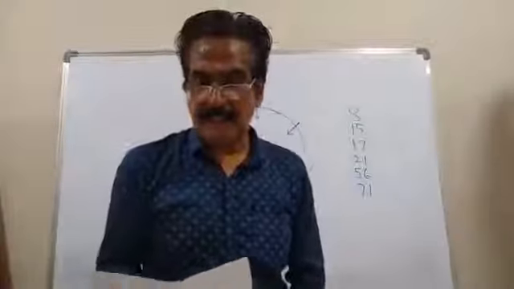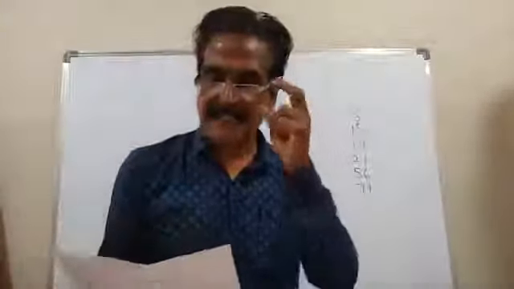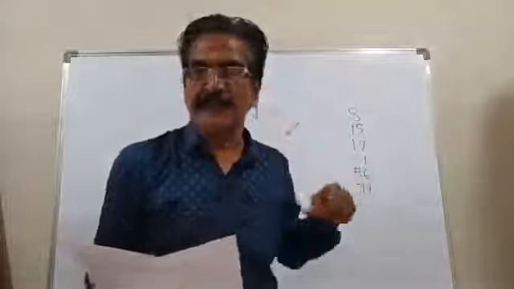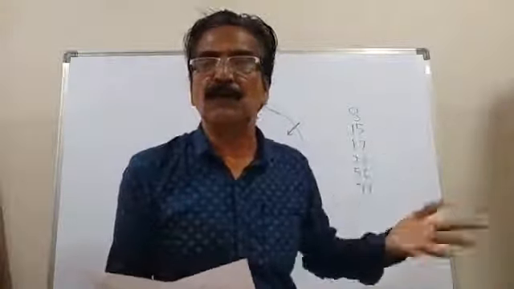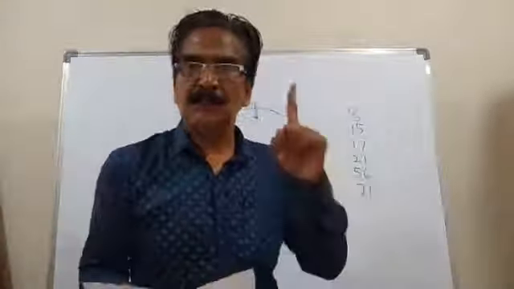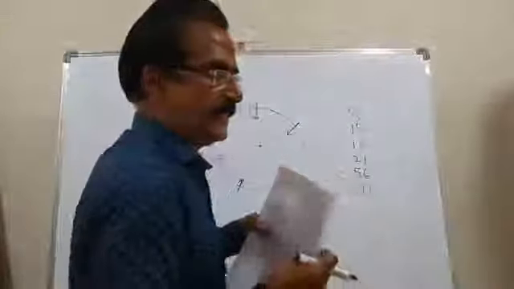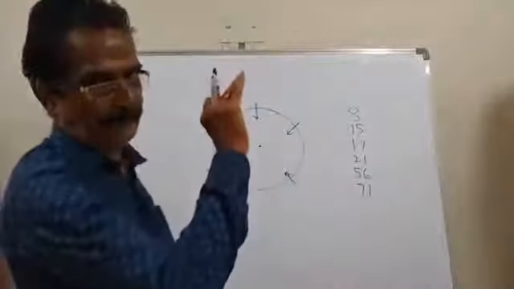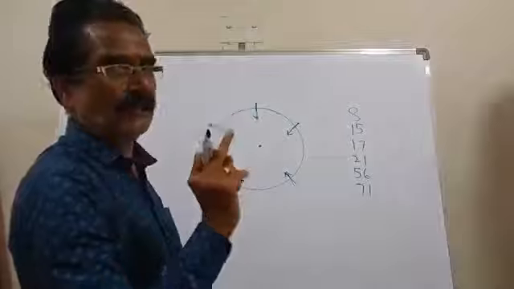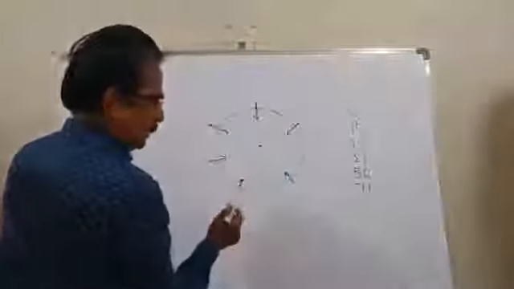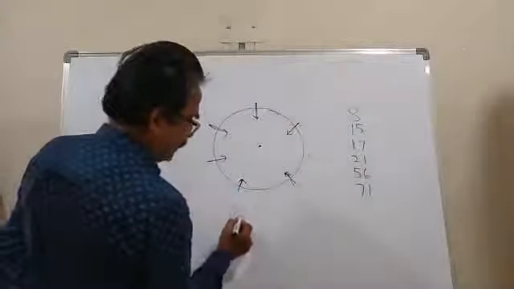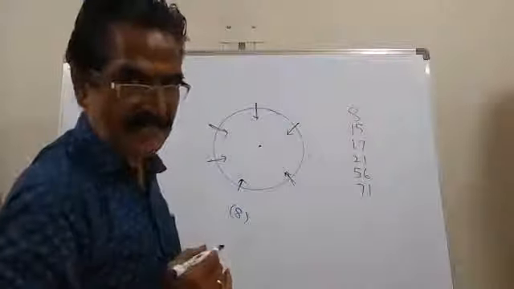First statement. S sits second to the right of the one who scored 8 runs. So let us place the person who scored 8 runs here.